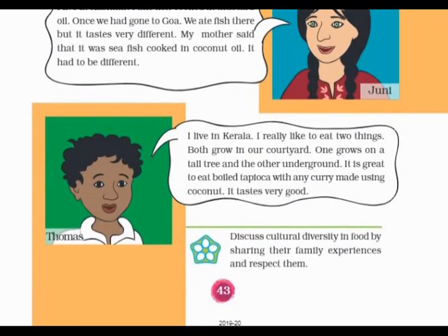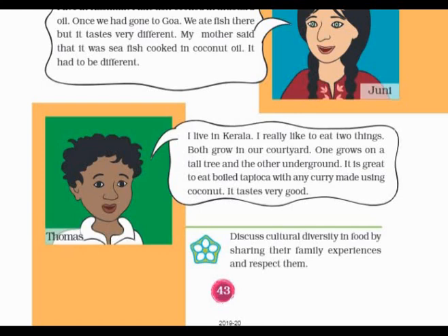Thomas. He is from Kerala. He said, I live in Kerala. I really like to eat two things. Both grow in our courtyard. One grows on a tall tree and the other underground. It is great to have boiled tapioca with any curry made using coconut.